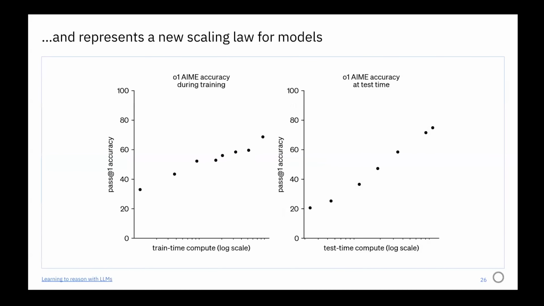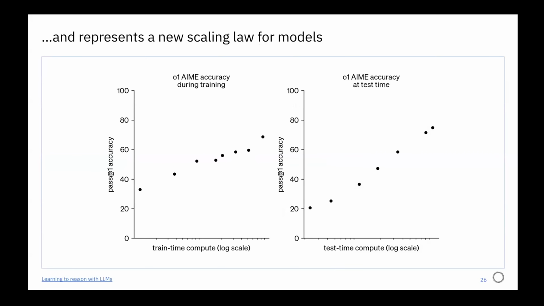What's interesting is that it seems like this approach of thinking before answering is actually a new type of scaling law. So on the left here, I have a really famous graph from OpenAI that conveys a lot of what I discussed in the earlier part of this presentation, right? As you train models for a longer period of time with more data, that's the x-axis, the quality of those models goes up in a reliable fashion.